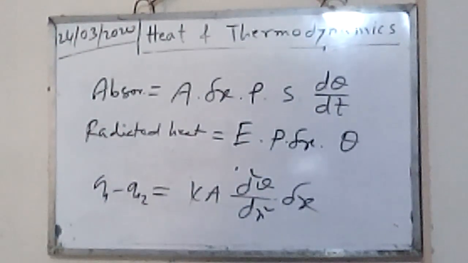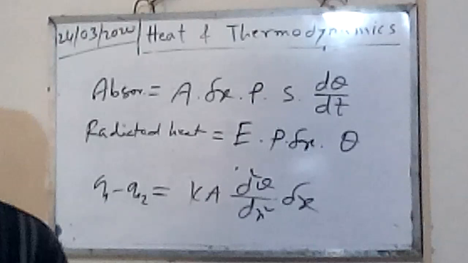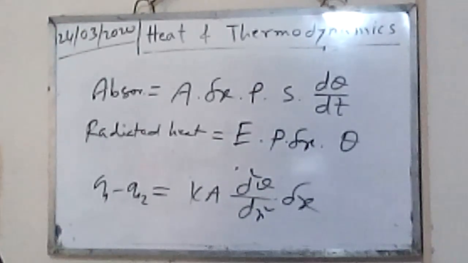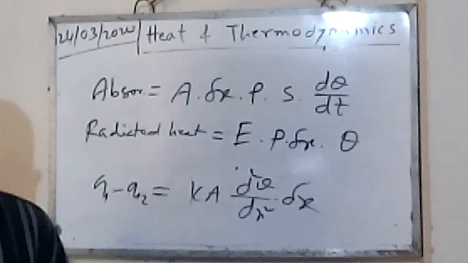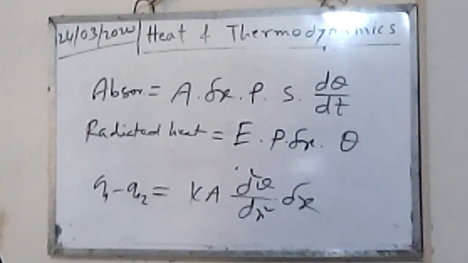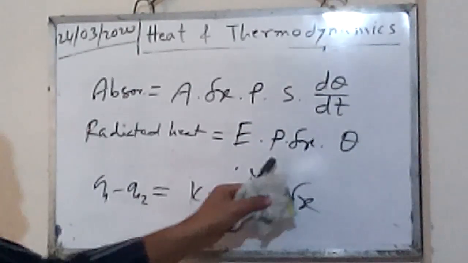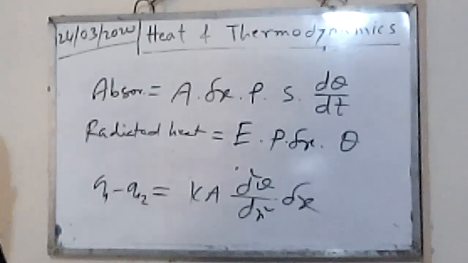Here P means perimeter, which is one kind of length, and del x is the width. P into del x is the area.